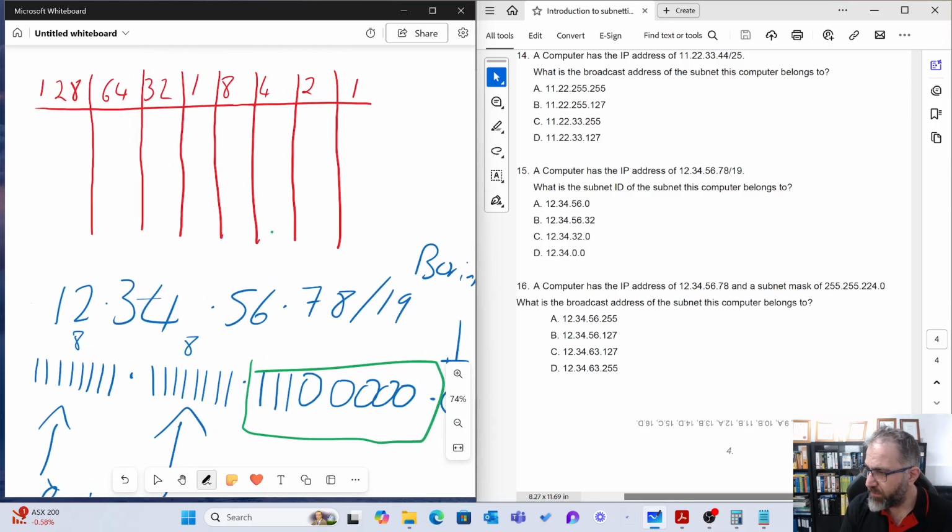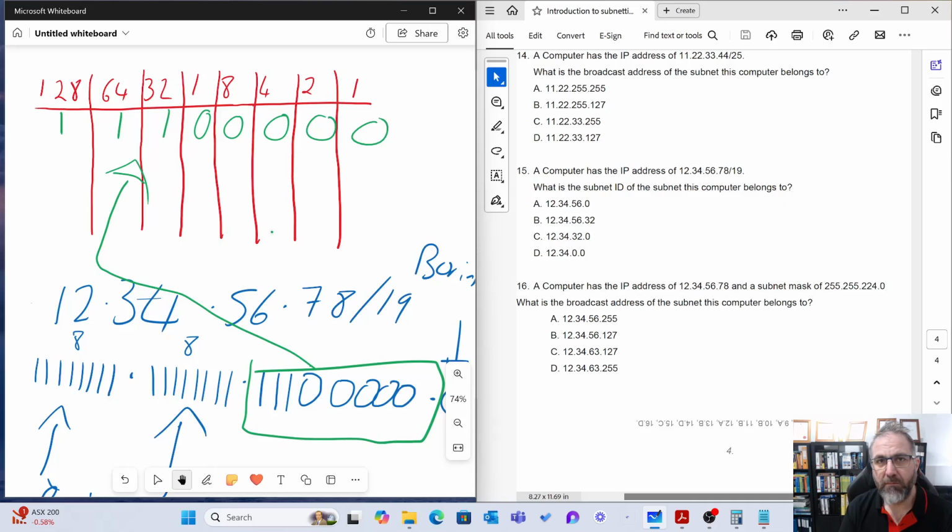So now what we do is I'm going to drag this up here. I'm going to do a 1, 2, 3, and then the rest of them are zeros. So if I add these ones together, 128, 64, 32.